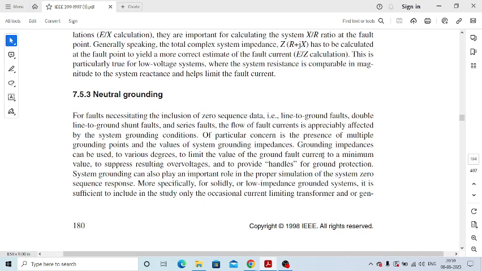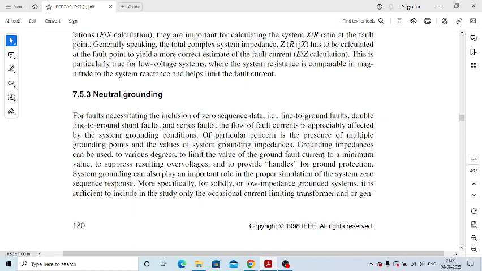That plays an important role in short circuit studies, especially for faults with ground, that is line to ground fault, double line to ground fault, and three phase to ground fault. During these faults, the fault current through the ground depends on the system grounding.